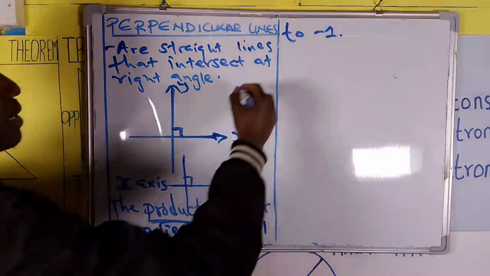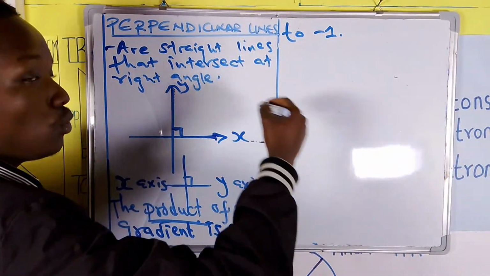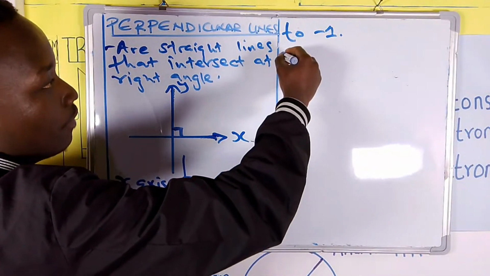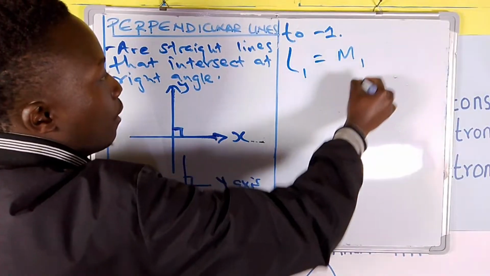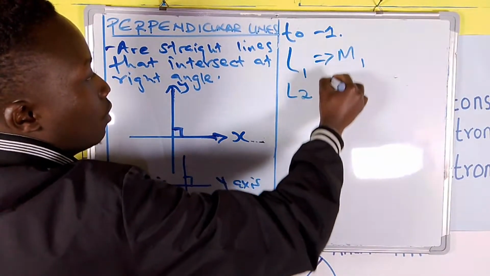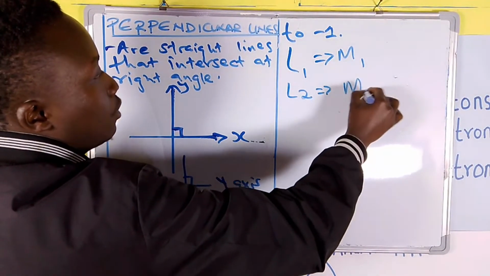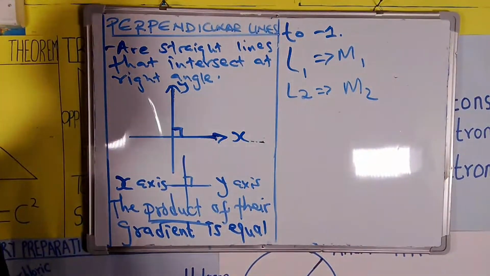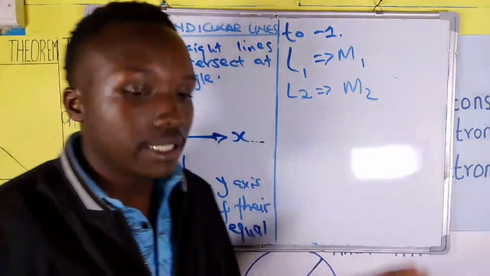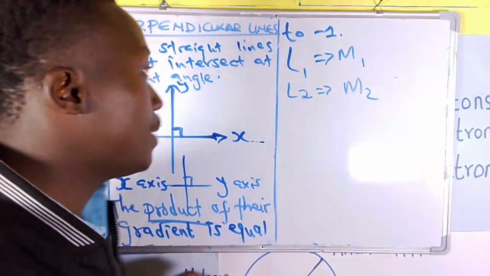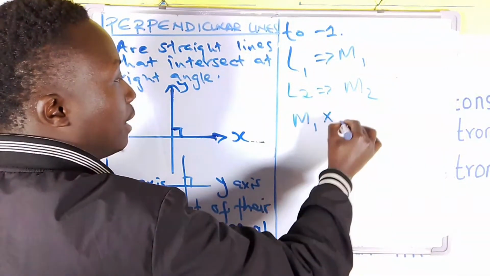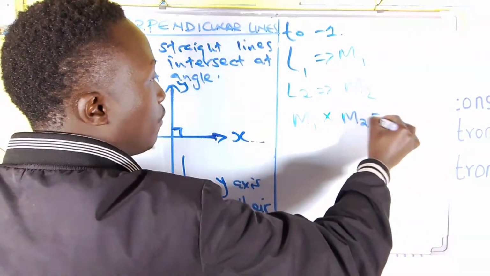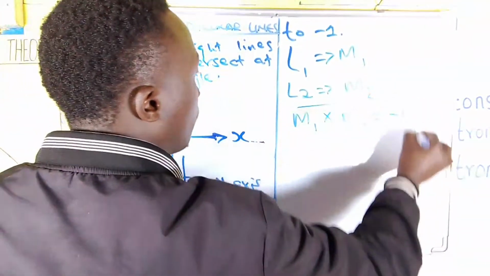So what that means is that if we have two lines, line 1 whose gradient is m1 and line 2 whose gradient is m2. Why are we saying m2? Because their gradients are not the same. So we can conclude that the gradient of line 1 multiplied by the gradient of line 2 is equal to -1.